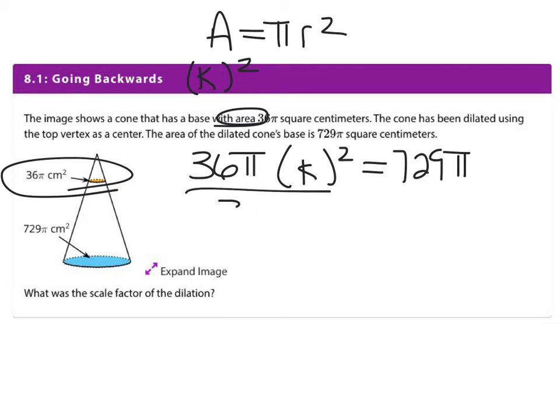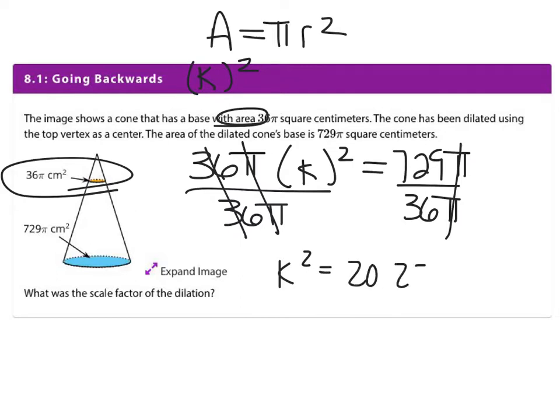So let's go ahead and divide both sides by 36 pi. 729 divided by 36. K squared equals 20.25. I'm going to take the square root of both sides, and I get k as 4.5.